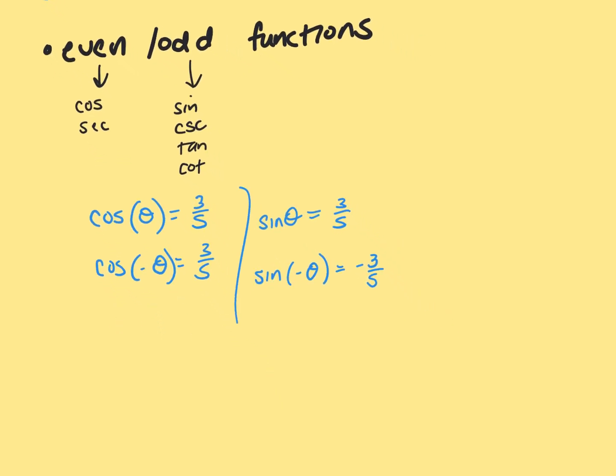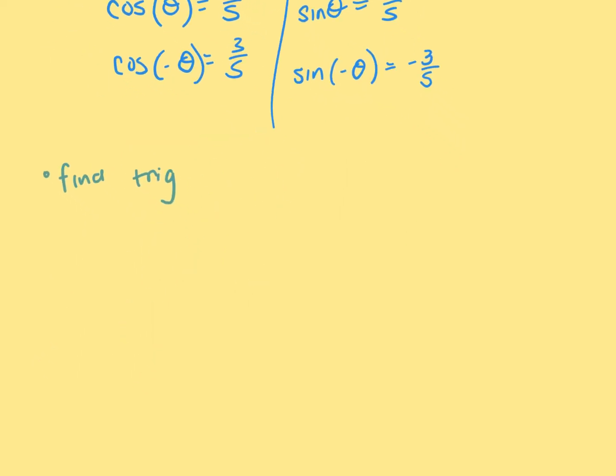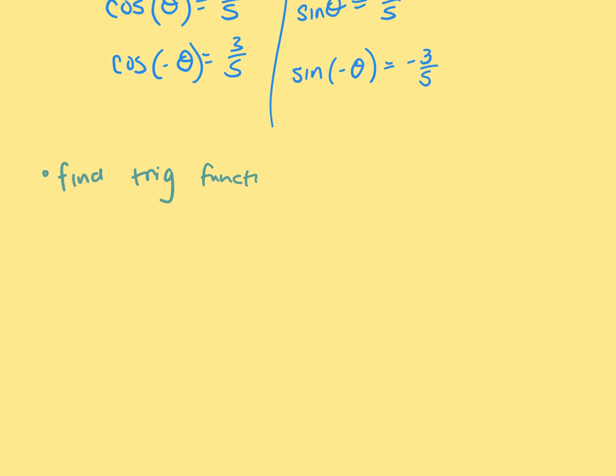Okay, and then in this section you also had finding trig functions when given a coordinate point, not on your unit circle. So you'll see, like on your review, you get something.